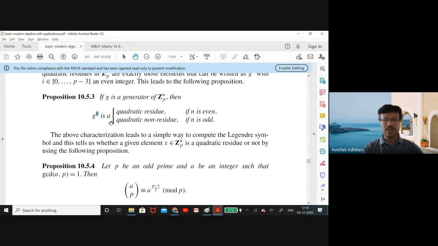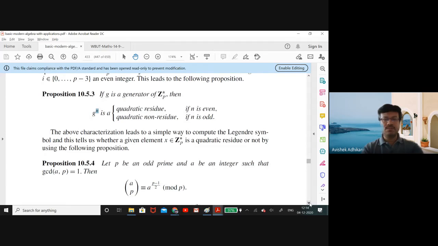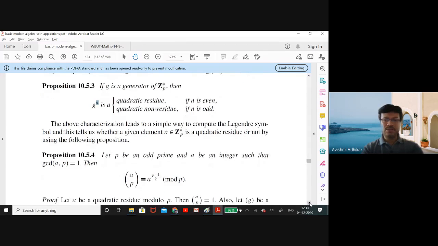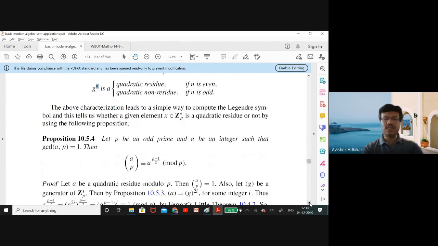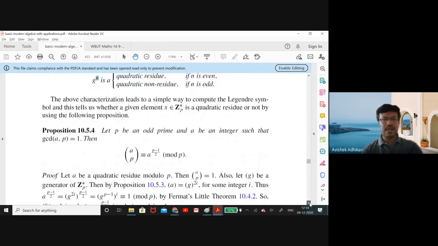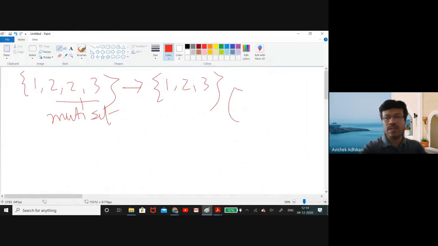So this result will be helpful for finding some values of the Legendre symbol. Now I will give you a formula for the Legendre symbol. Till now I had no idea how to calculate (99/101).